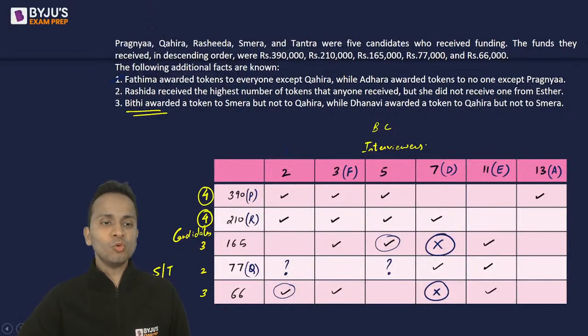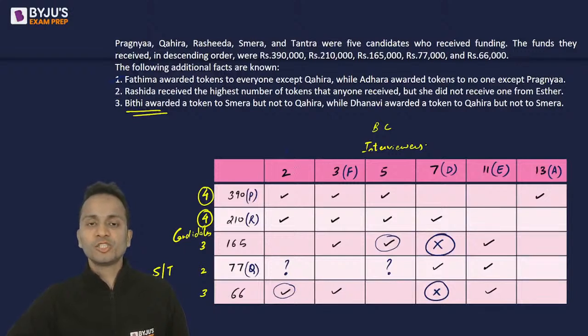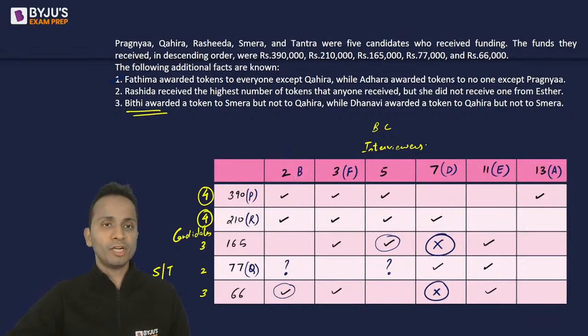So now among the 2 interviewers which are left and the 2 candidates which are left, they can take any of these places. So if B awards token number 2, Bithi awarded a token to Samira, so Samira will be with 66, and Tahira will be with 165.